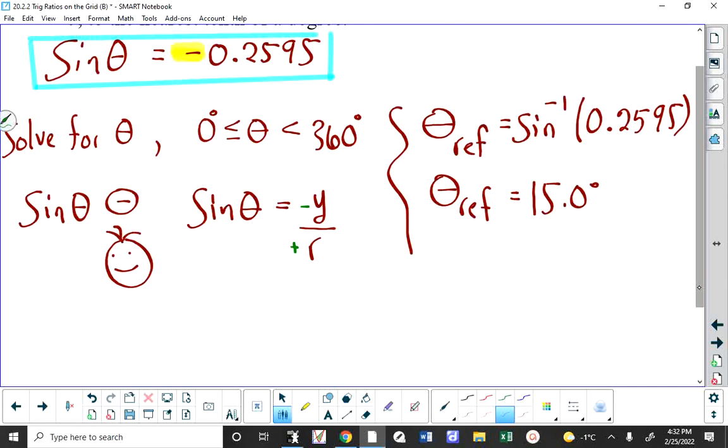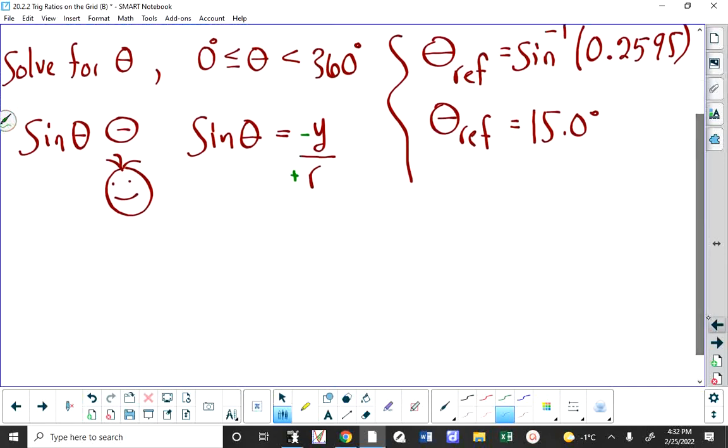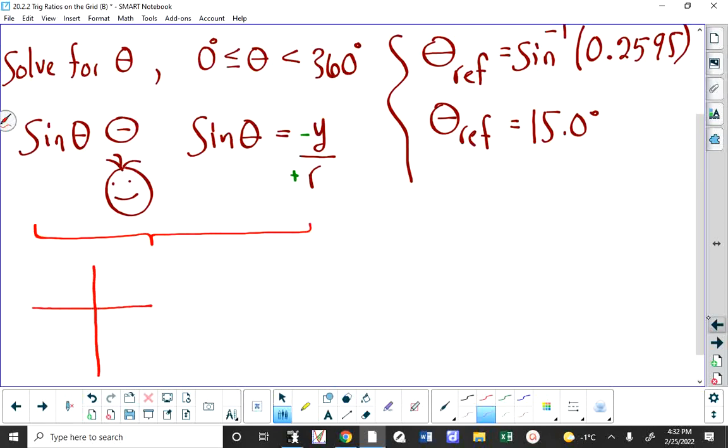This is what we've learned over the past couple of days. And that means that out of this thought comes the idea that theta could be in quadrant 3, where y is negative, or theta could be in quadrant 4, where y is negative.